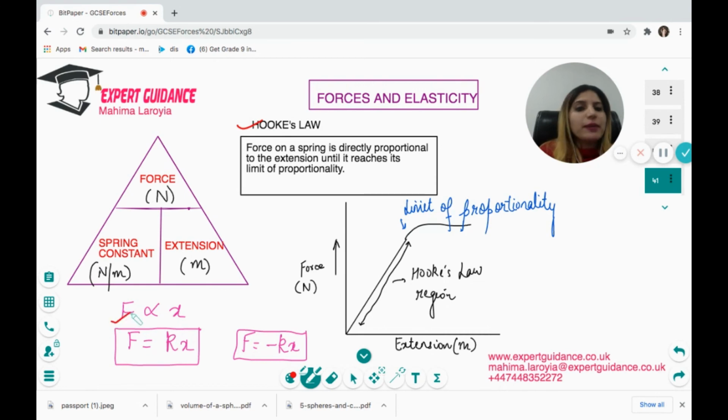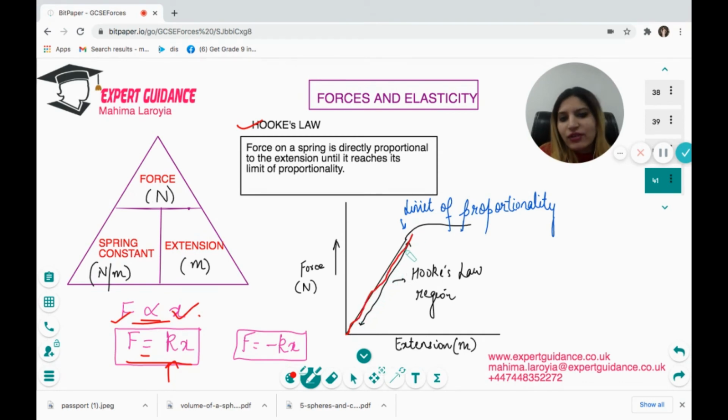So the force you apply is directly proportional to the extension. If you double the force, the extension produced in the spring would also double. So we can write this expression as force is directly proportional to x. To convert the proportionality sign into an equal sign, we introduce k, the spring constant. So force equals kx, which means as we increase the force, the extension increases.